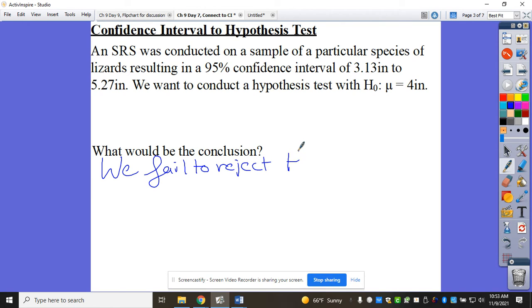The null hypothesis, which is mu equals 4 inches. So usually we would write what here? Since the p-value is not less than. Did we ever write a p-value? No. So instead, how did we come up with that conclusion? Mu is also in the 95% confidence interval.